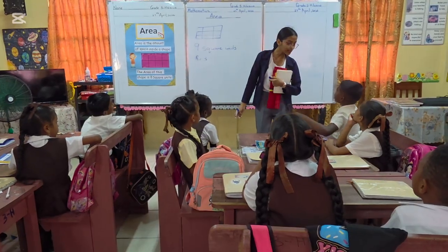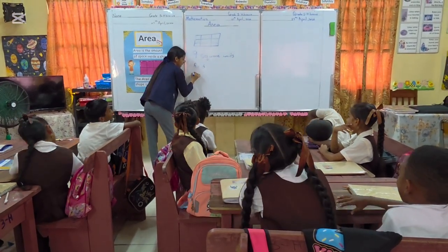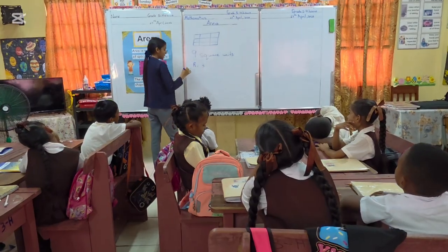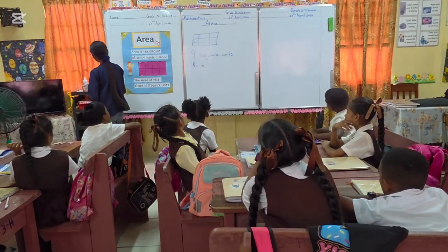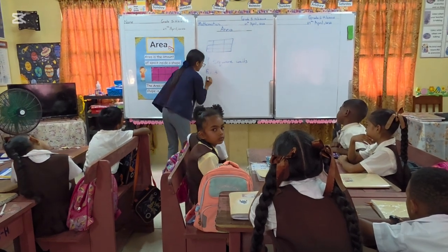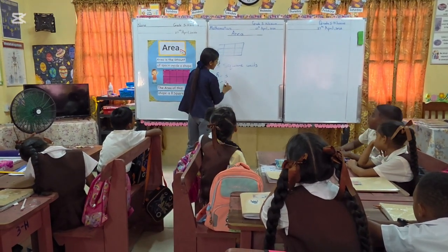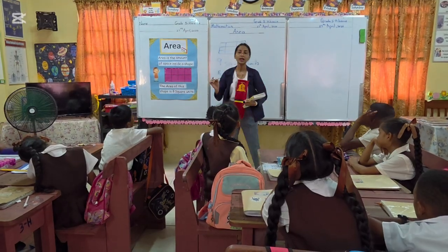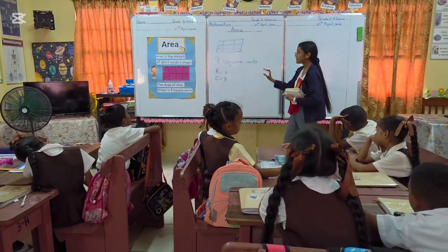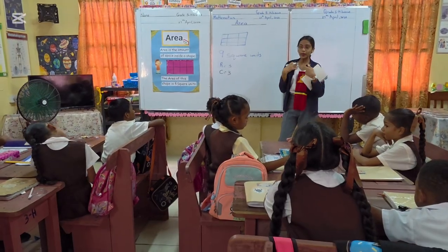How many columns you got there? 3. So we're gonna say C. C will be the column, right? And how many? 3. Good.